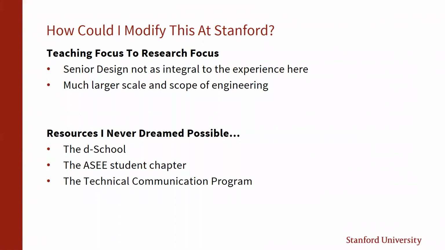And I'm not entirely sure if I could cover everybody even if I wanted to. Granted, there are more engineering librarians than just me here. But it's a little bit different of an environment. And there are some resources here that I never really dreamed possible. And I think that's of benefit. Stanford has, they call it the D School.